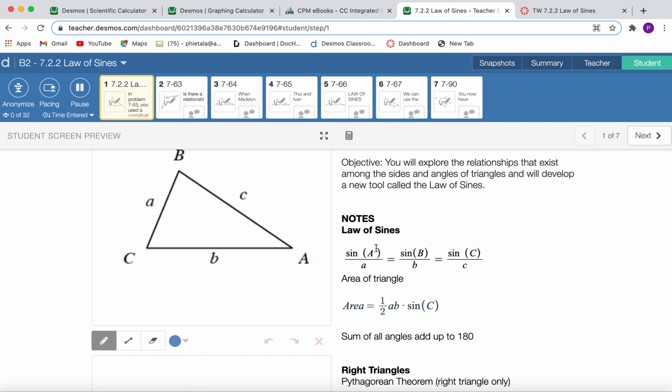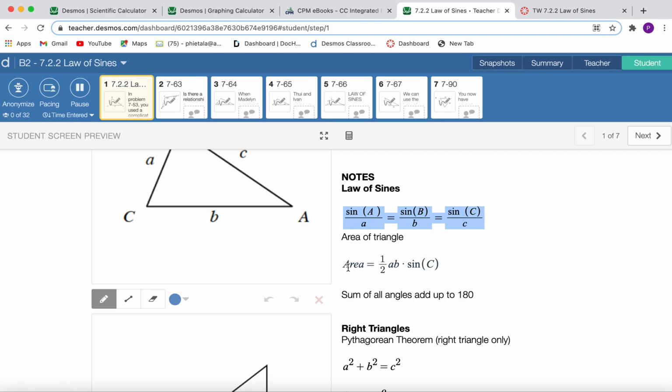Here's the big one that we're going to do today. We know the sine of A and the side across from it is proportional to the sine of angle B and the side across from it. And that's also proportional to angle C and the side across from it.